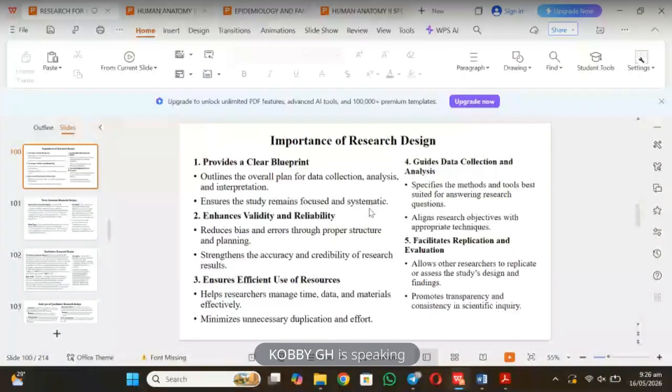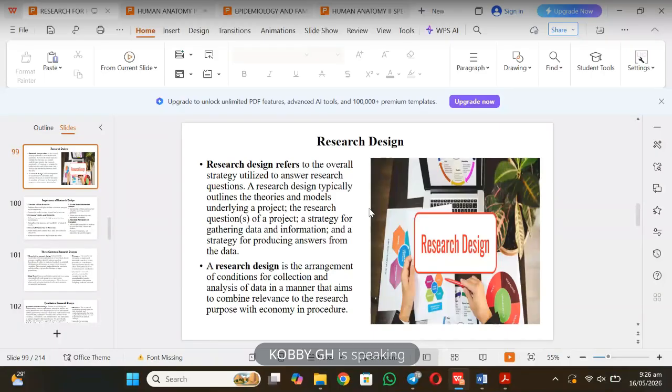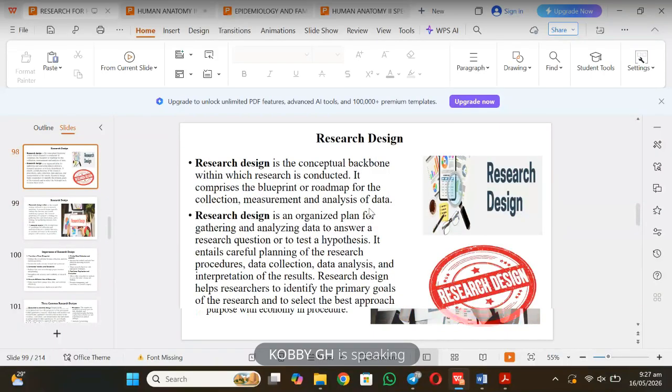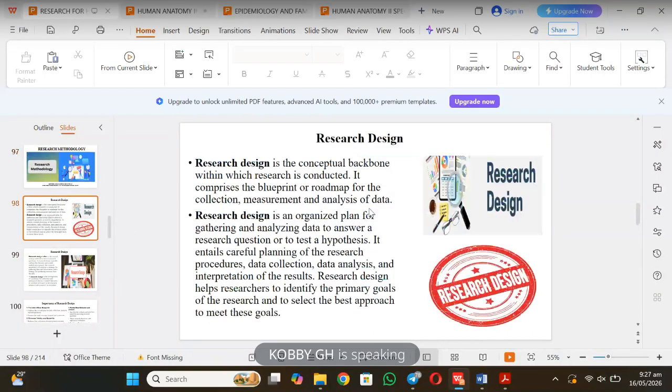Then we have what we call the retrospective study designs. Now, the question is, what is a retrospective study? When we say retrospective study, sometimes some people will decide to do studies where the nurses or health professionals have already collected the data. Then they will go and review the information that is already existing.